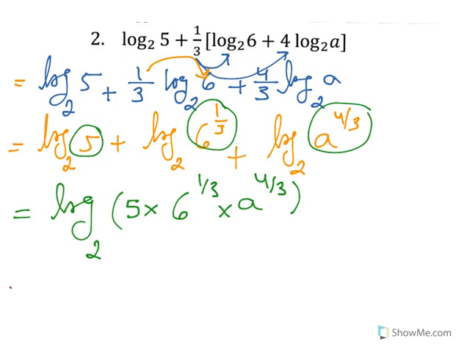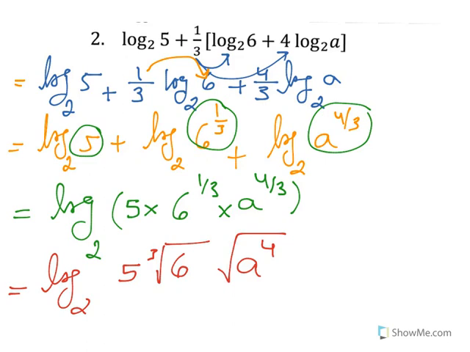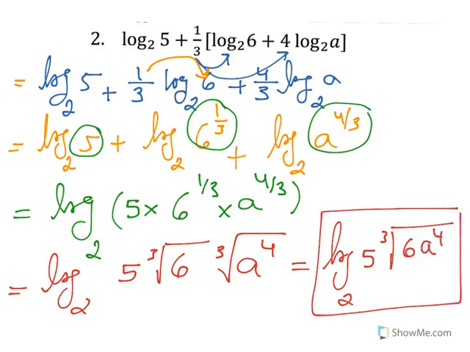Finally, you just simplify it to the end: 5 times the cubic root of 6 times a to the power 4 inside the cubic root. So it shall look something like this: log 2 of 5 cubic root of 6a to the power 4. And that's the simplest form as a single logarithm.